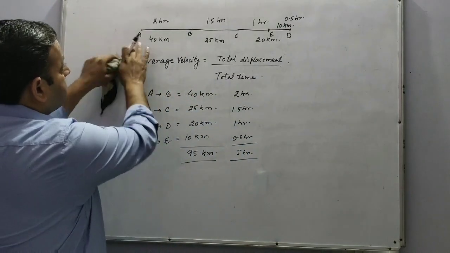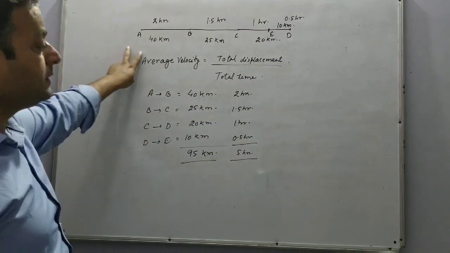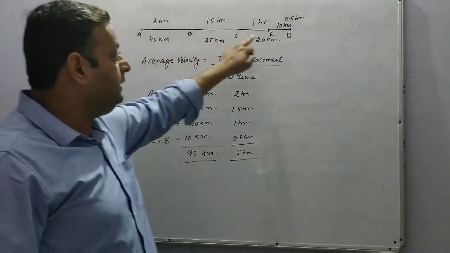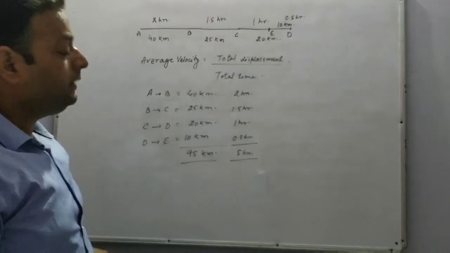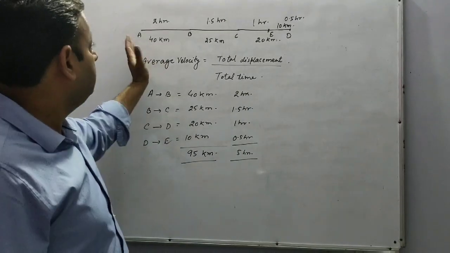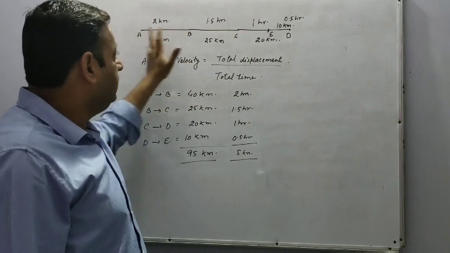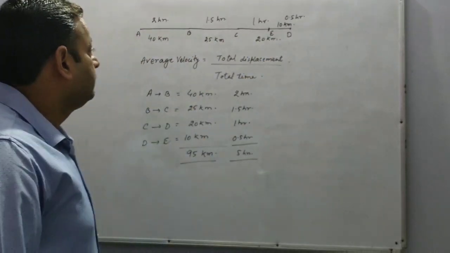Now A is the initial point or the first point of the journey and E is the end point of the journey. So for calculating the displacement, we need to find the displacement between A and E.